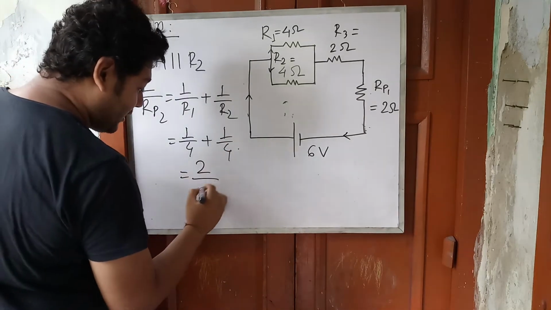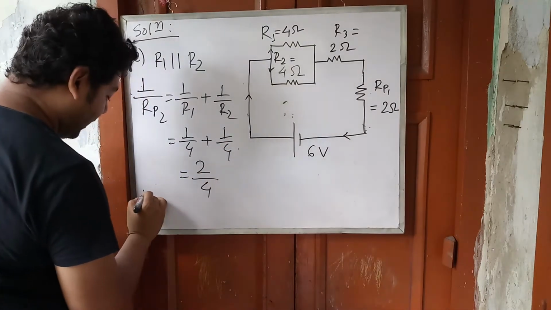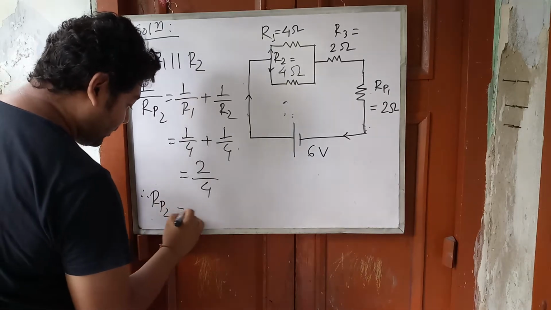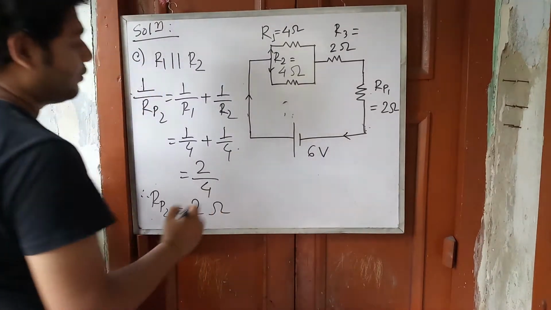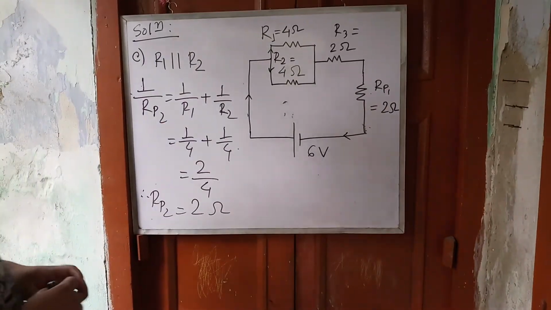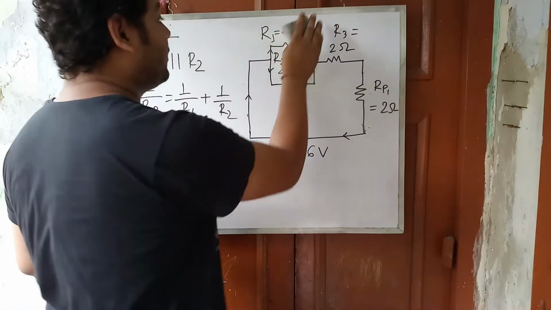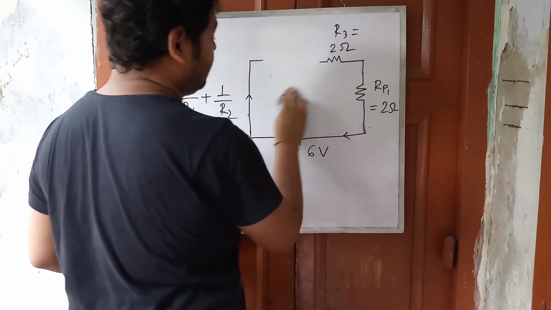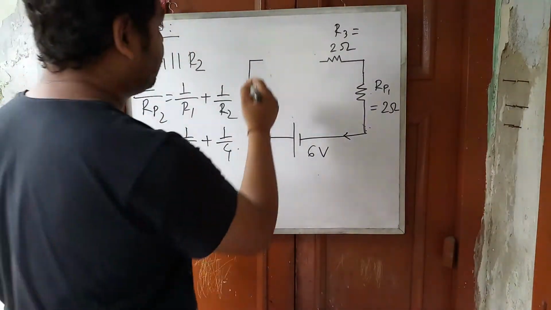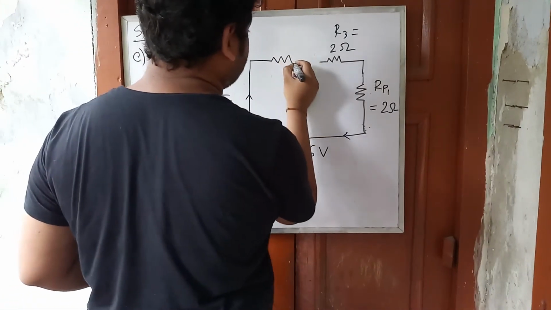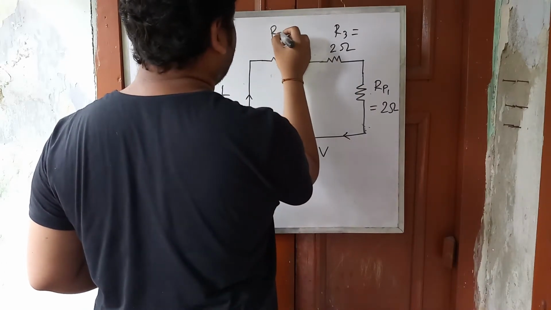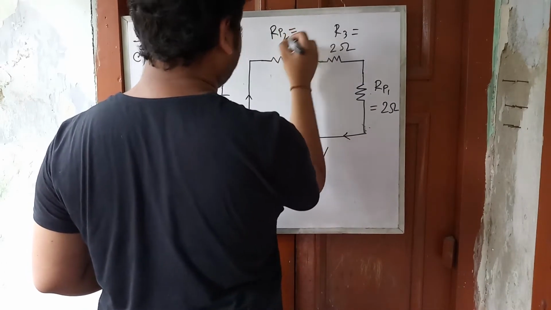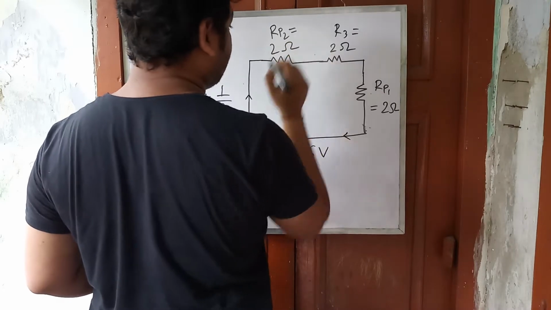Then we get 2 by 4, and we can write RP2 equal to 2 ohm. From the figure, RP2 equals 2 ohm.